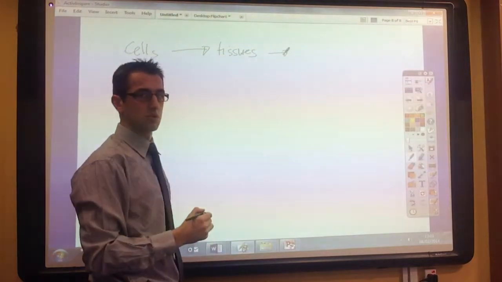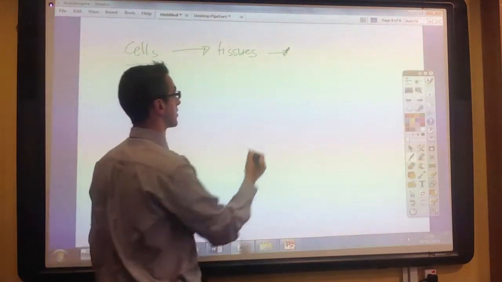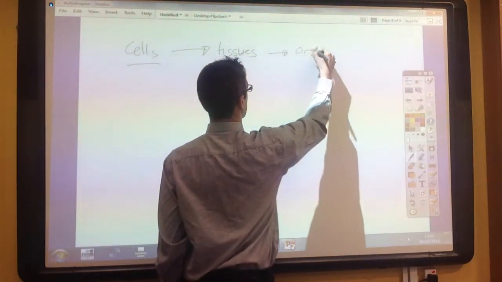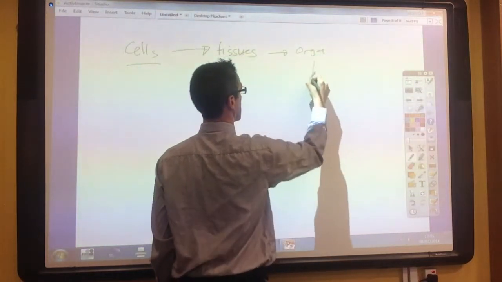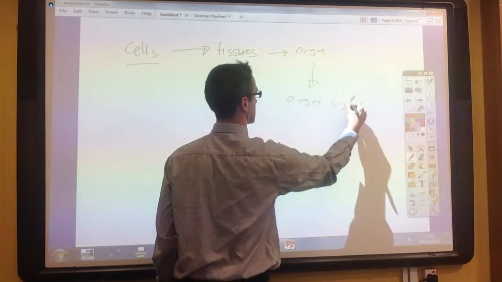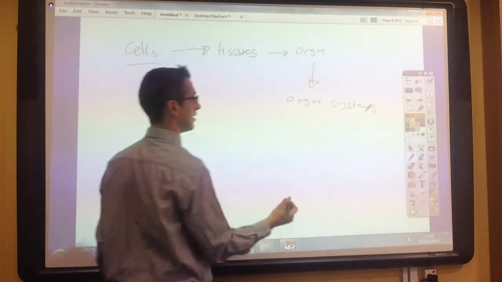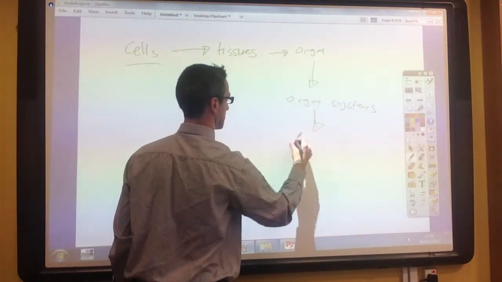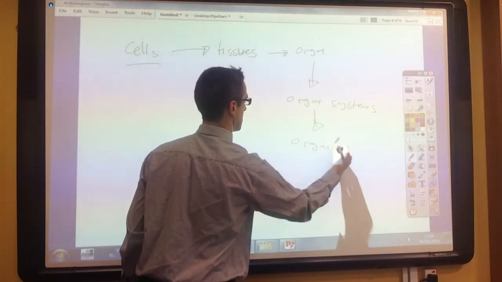Groups of tissues all working together for a common goal make an organ. Groups of organs make organ systems, such as the digestive system, and then groups of organ systems make a whole organism.